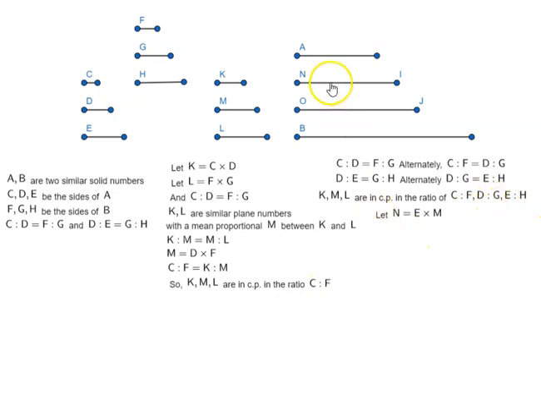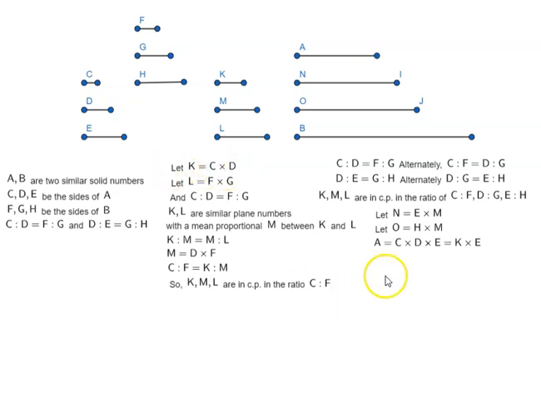Let N be equal to E times M, and let O is equal to H times M. A is equal to what? A is equal to C times D times E, but C times D is equal to what?